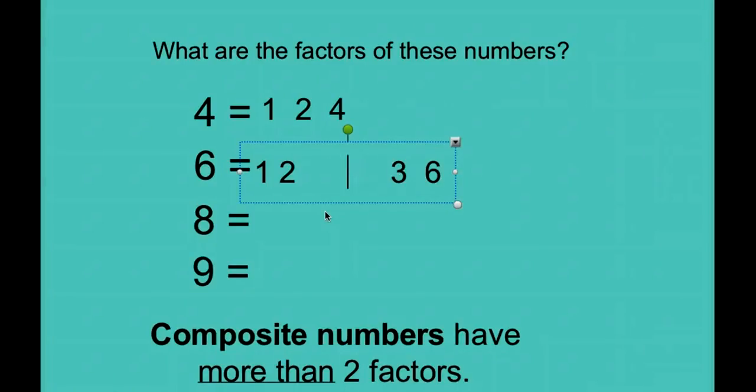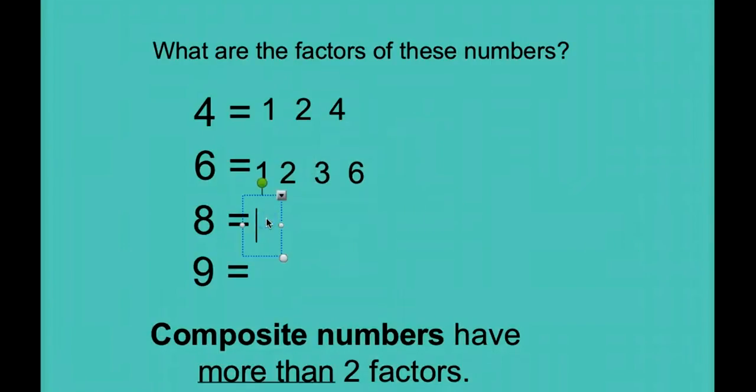And when I get to 2 and I get to 3, there is no gap between 2 and 3, so I know that I am done. 8. I have 1 times 8. I also have 2 times 4, and 3 cannot go into 8 evenly. So then I see that I'm at 4, and I've already used 4, so I know that I'm done trying to list my factors for 8.